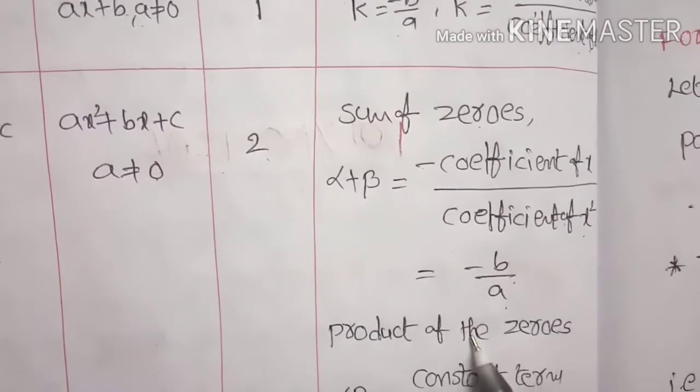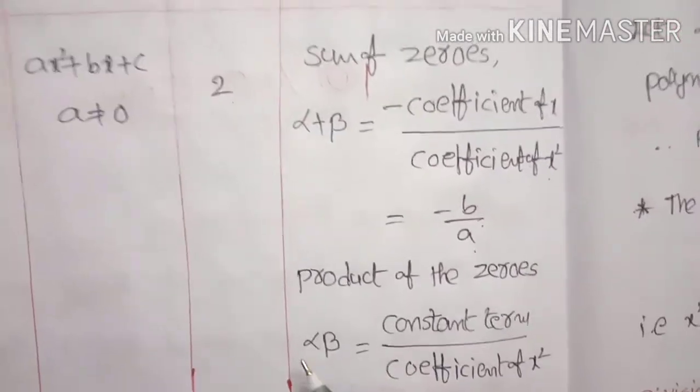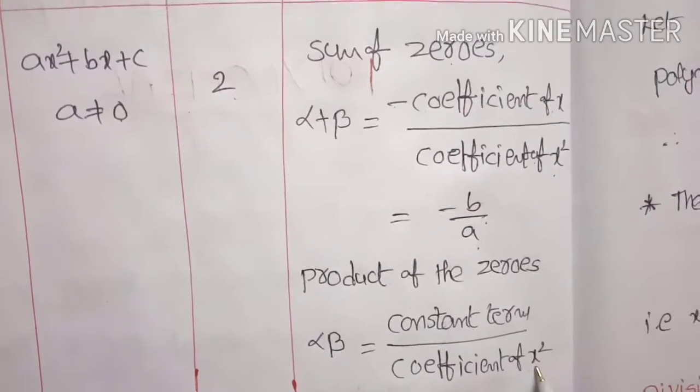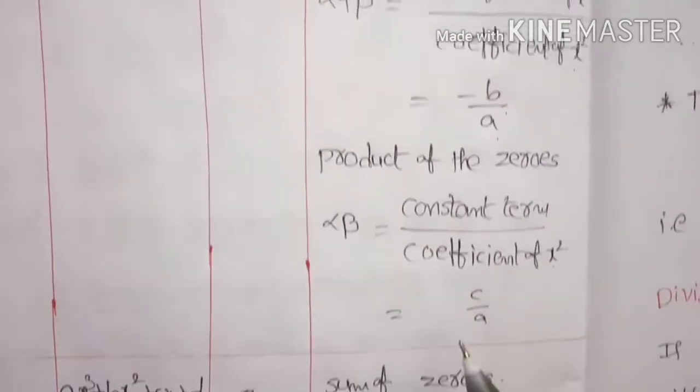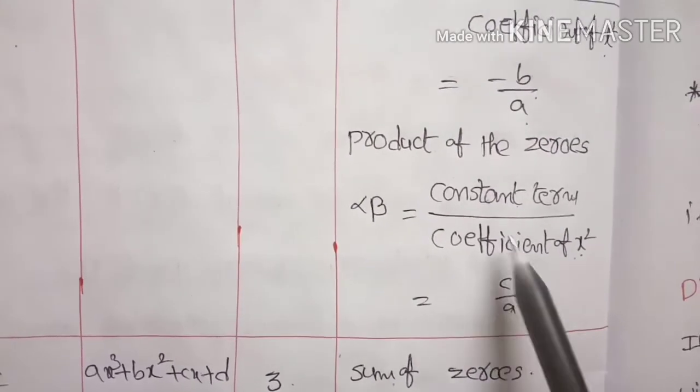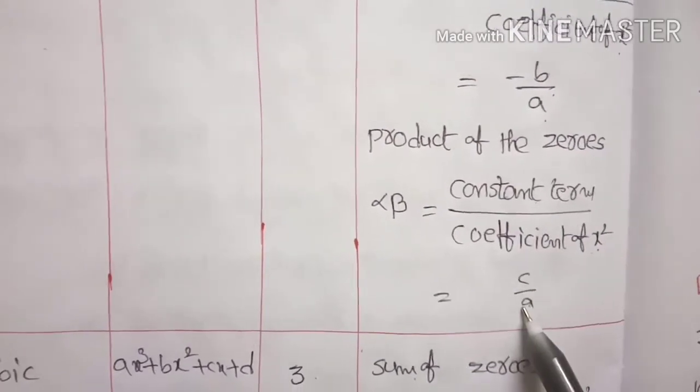Next, product of the zeros, alpha beta, is equal to constant term by coefficient of x square, that is equal to c by a.